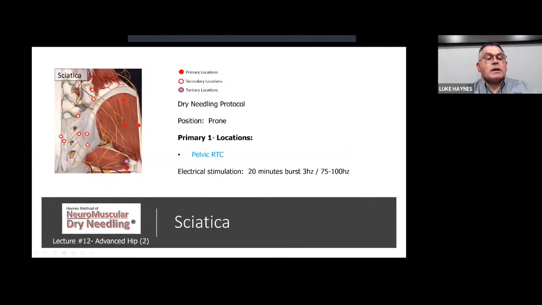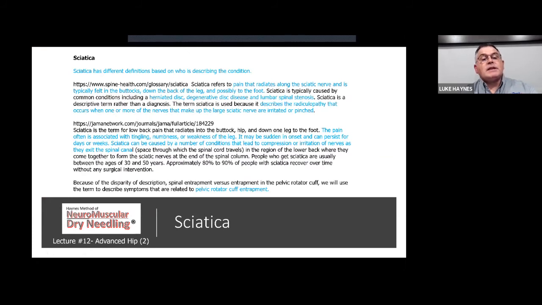For sciatica, we're going to talk about different definitions that are out there in the literature. Now, we all have patients come in complaining of their sciatic being bothered and things of that nature. But basically, there are two different things that we think of in the literature for sciatica.